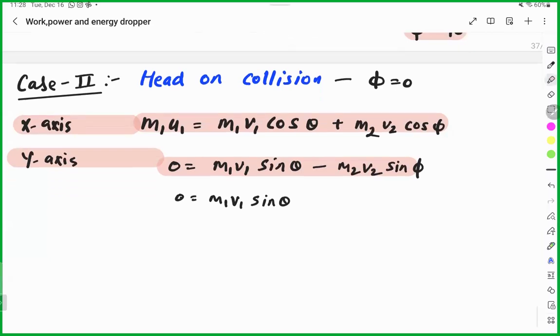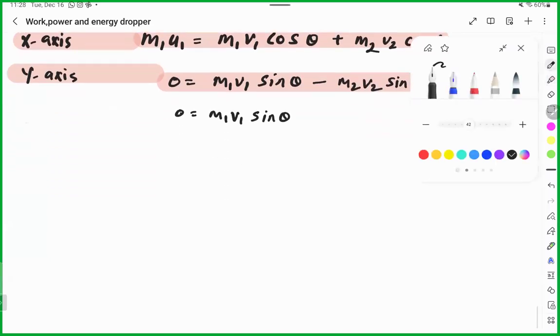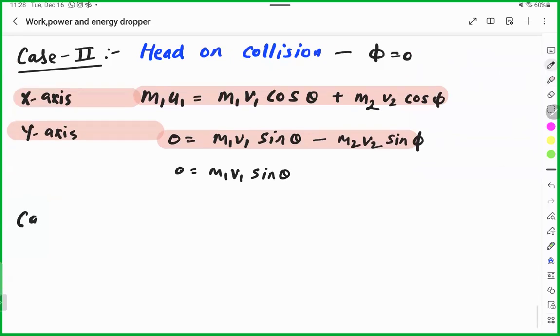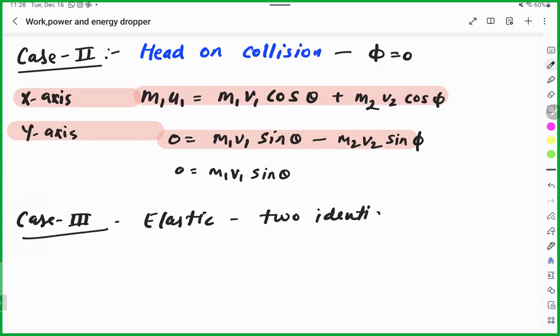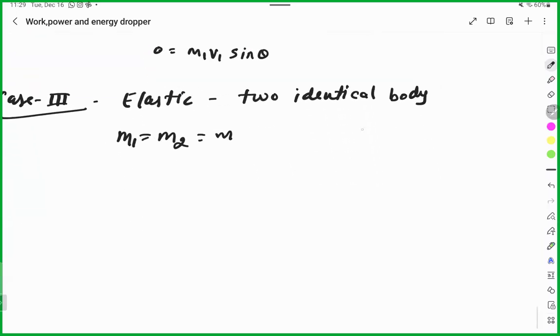And case 3 is very lengthy. I will not go for it, but I will tell you the summary. If this is a perfectly elastic collision and two identical bodies, meaning mass is the same, m1 is equal to m2 is equal to m, and you calculate values, then you will see theta plus phi, both will move perpendicular to each other, and that's what you have seen in the normal linear momentum also.